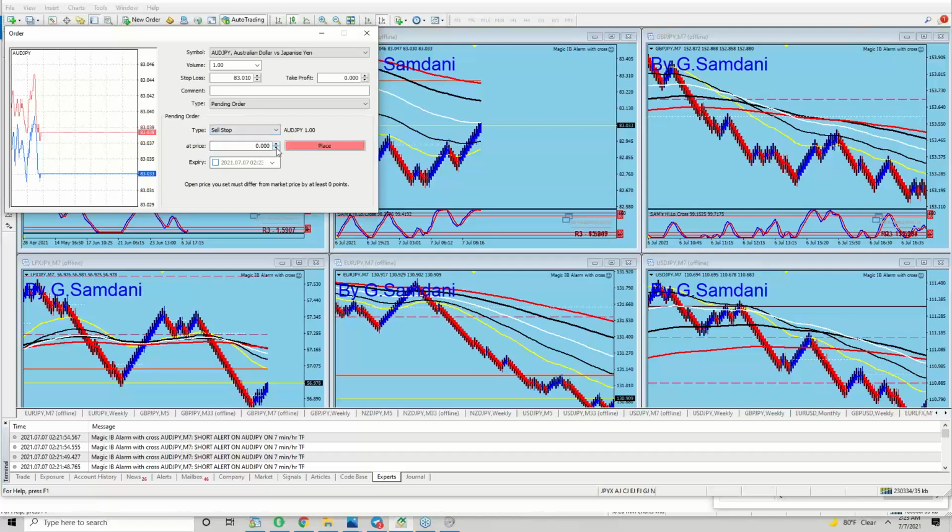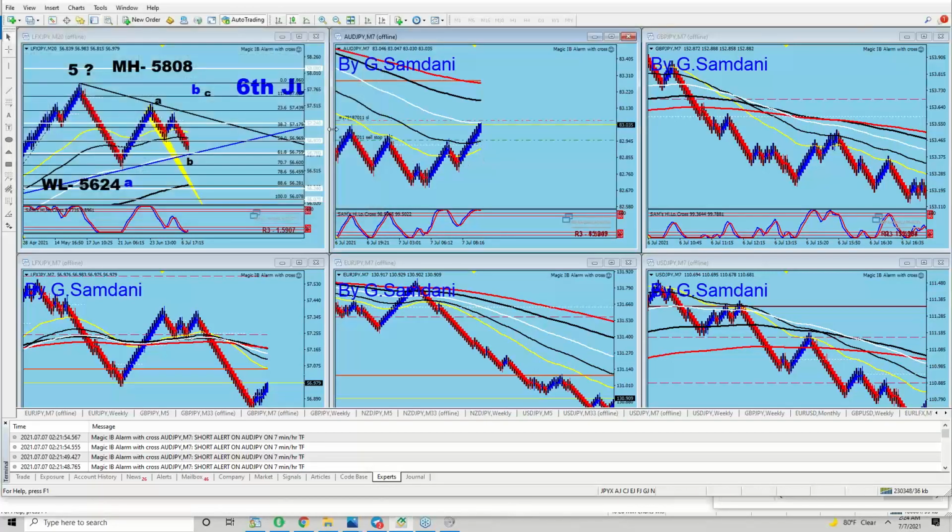And then a few pips, this is stop loss, a few pips above the current, right? And then place. You see that here? See this sell stop and the stop for that. So if it makes the turn from here, it will take my order and then drop.